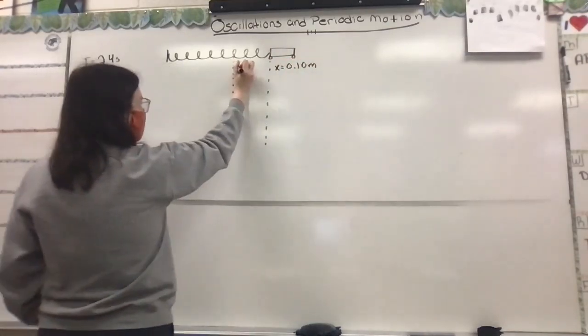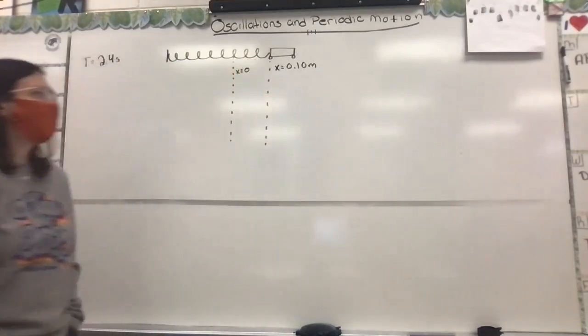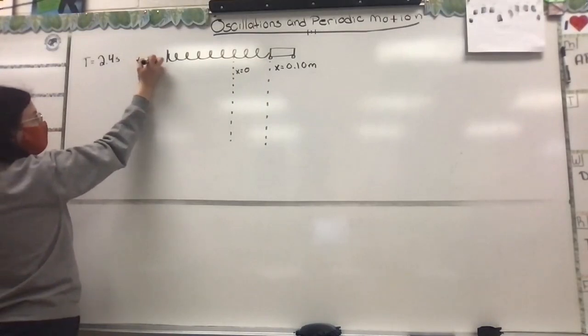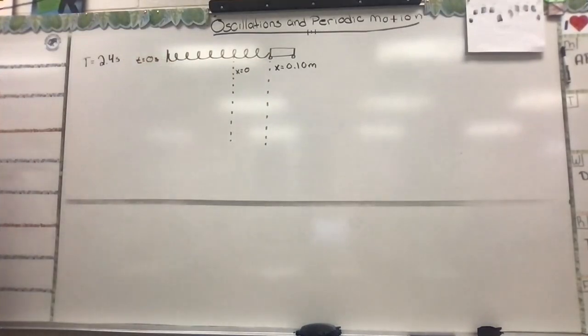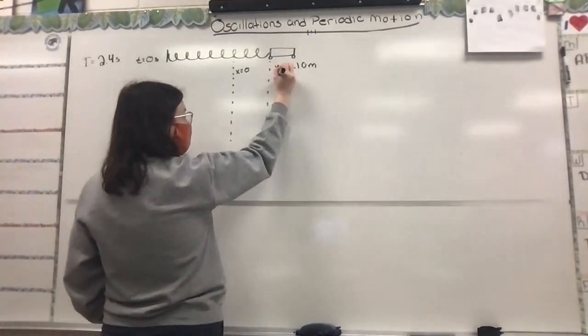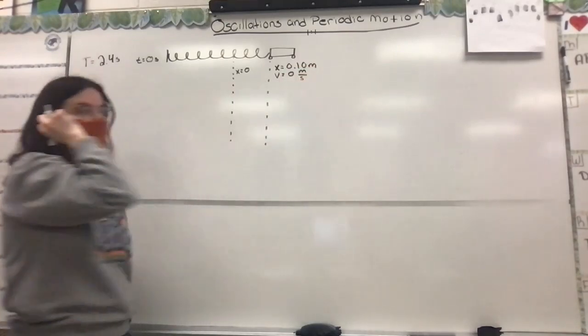Remember, at equilibrium, what does x equal? 0 meters. So this is what it looks like at t equals 0 seconds. And it says we release it from rest. So what's our initial velocity? 0, right? Just like we said it would be at our maximum displacement.